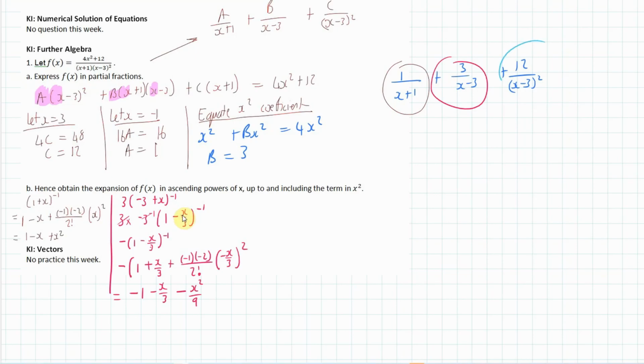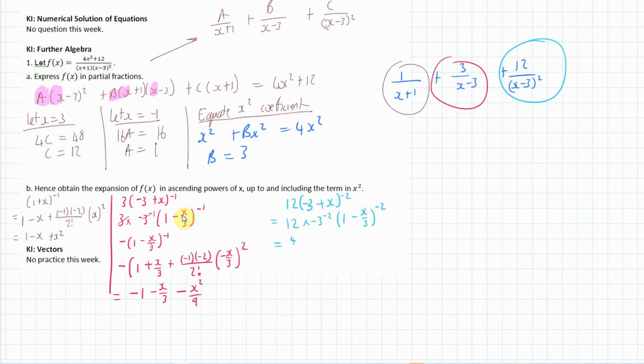Our final one is this one here. Now what are we going to do with this? So my first step is to write it as 12 bracket, I guess -3 plus x to the -2. And then I will rewrite it as 12 times -3 to the -2 into, and then I'm going to go 1 minus x over 3 all to the power of -2. And so I will get, what's that, 12 over 9, which is 4 over 3.